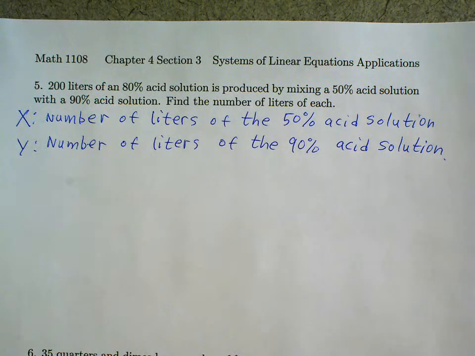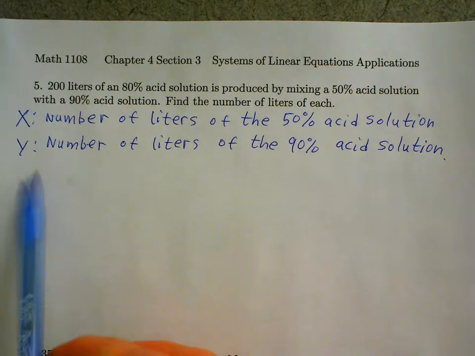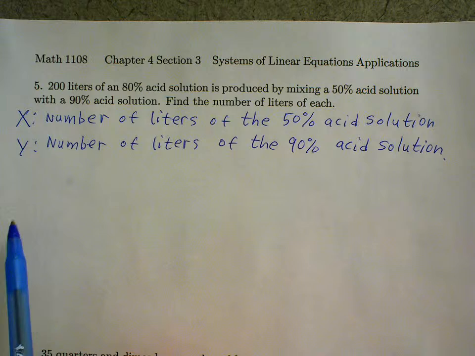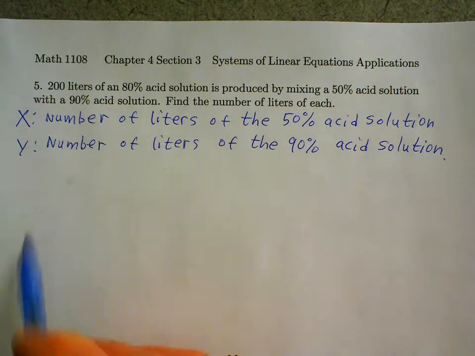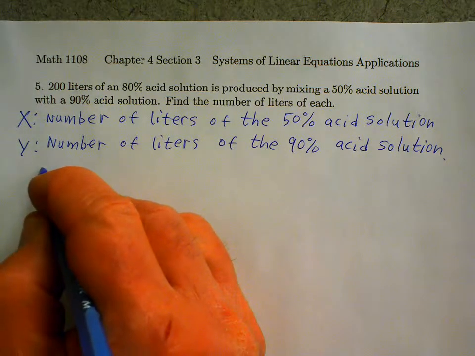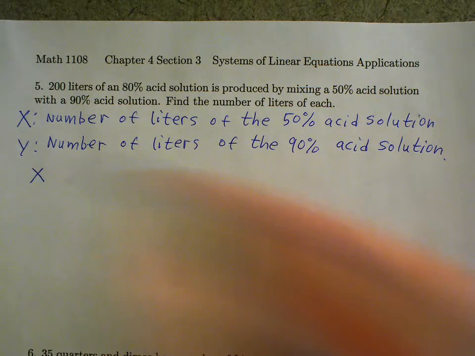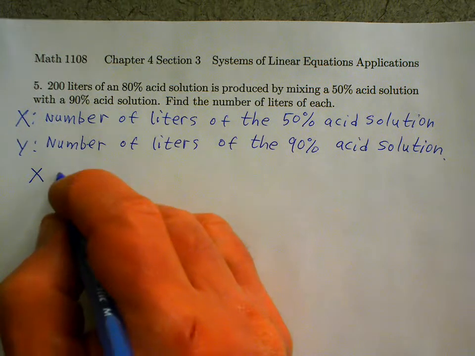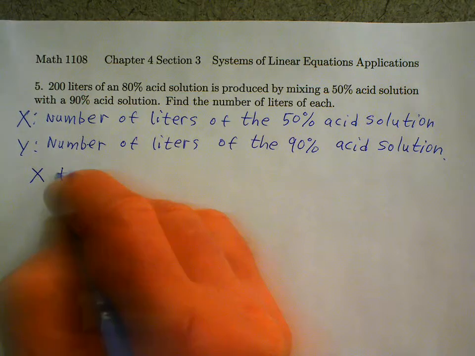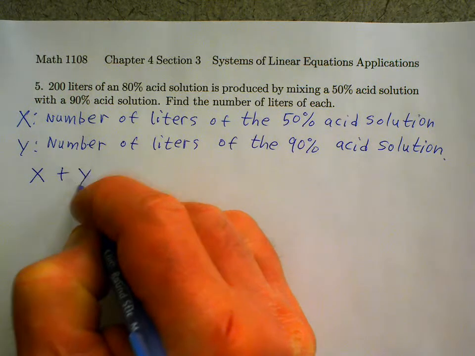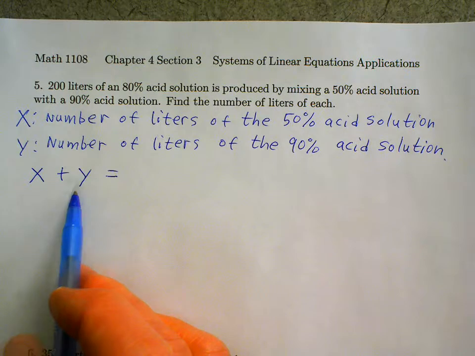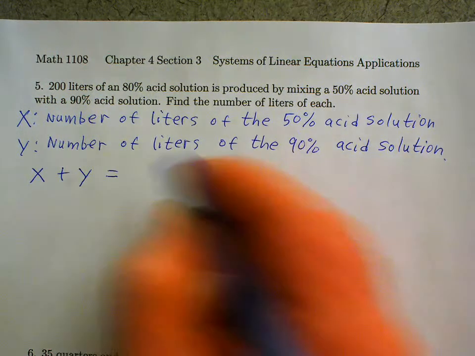Now we can write down two equations. The first equation I'll write down, each of the terms will just be a number of liters. So we're going to take X liters from one container and Y liters from a second container and put them together in one container to get 200 liters.